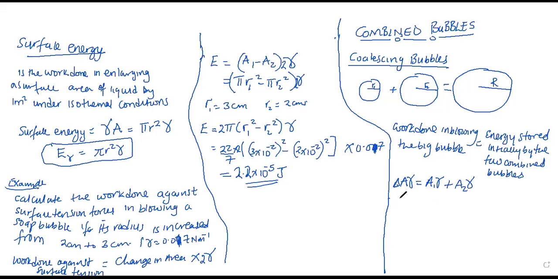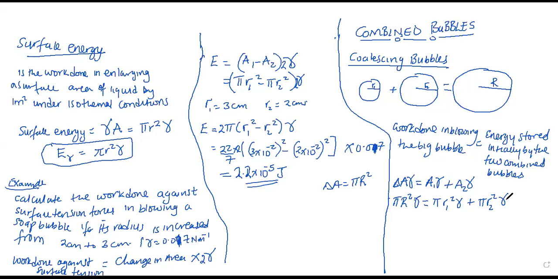The big area which we have acquired now, the change in area, is pi big R squared. So the area of the circle is pi R squared. So I'll have pi big R squared times gamma equal to pi small r1 squared times gamma plus pi small r2 squared times gamma.